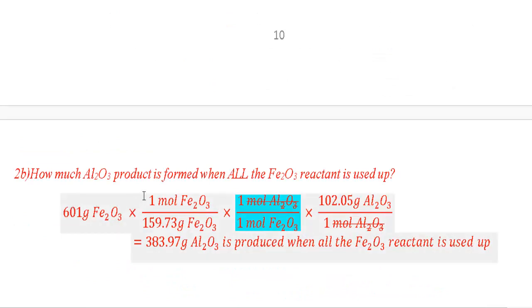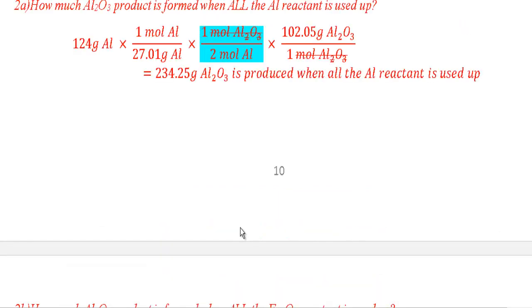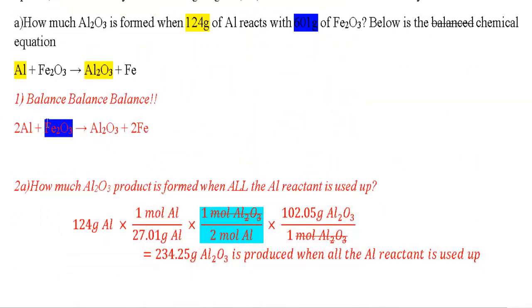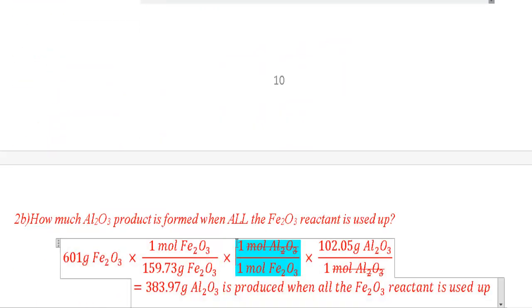We know that every 1 mole of Fe2O3 is about 159.73 grams, getting the numbers from the periodic table. Now, this is important, go back to your balanced equation: for every 1 mole of Fe2O3, there is 1 mole of Al2O3.